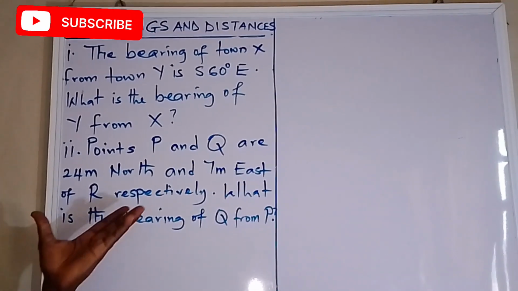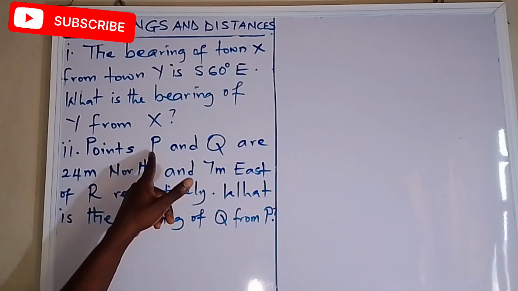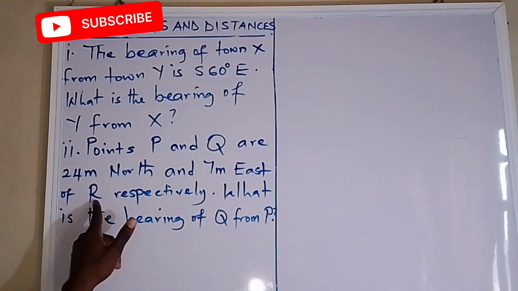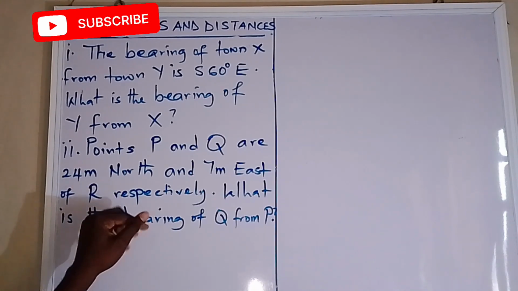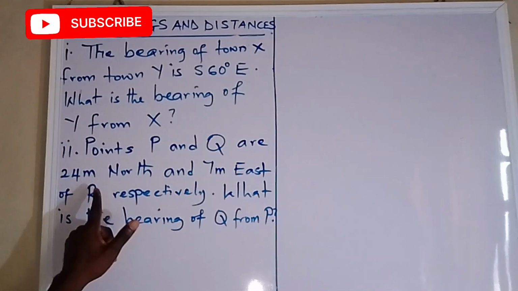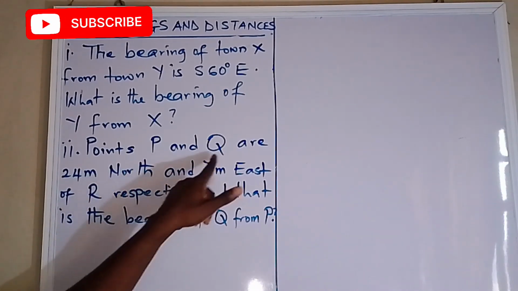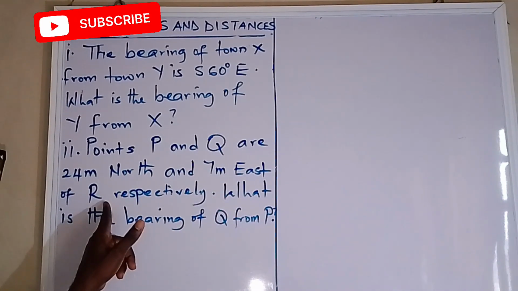When you look at this question, what determines the positions of P and Q is point R, because we are told that P is at the north of R and Q is at the east of R.